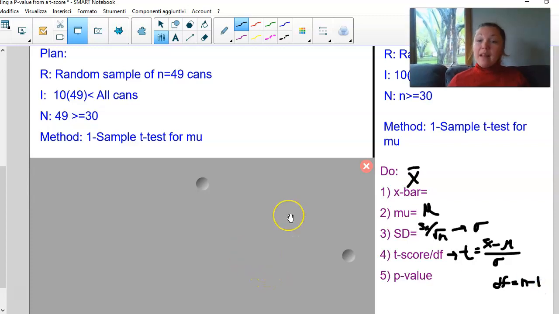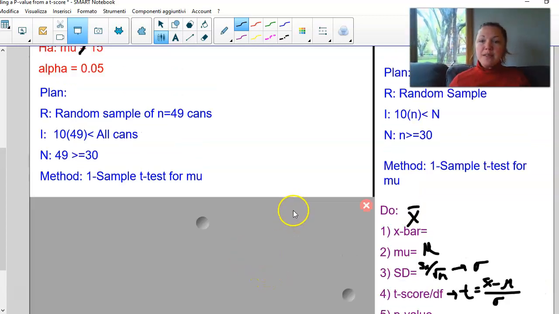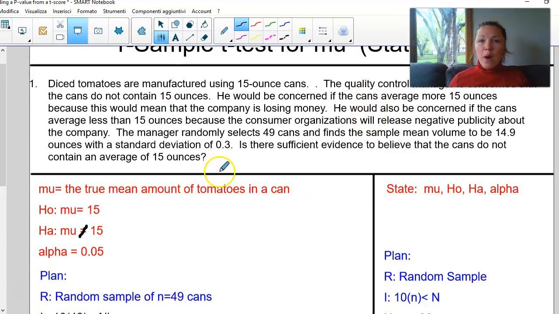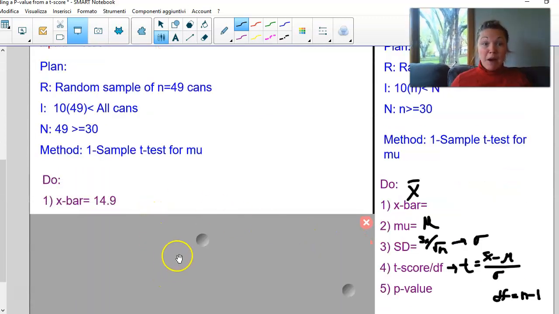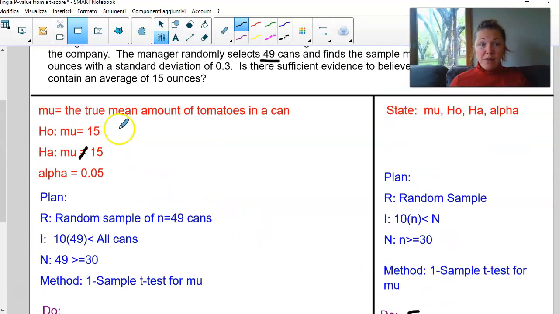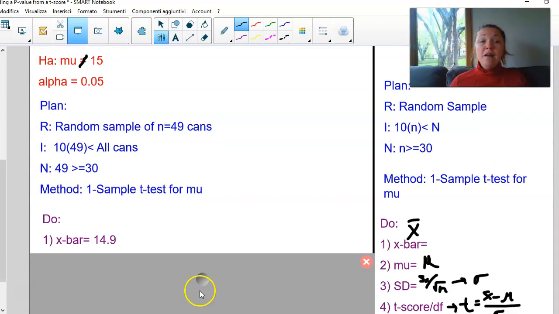Okay, let's go through these steps then. First one is X bar, and that's saying what in here is describing the sample 49, and that is 14.9. Okay, so I'm going to go down and I'm going to write X bar is 14.9. Number 2, okay, that's our mu. We've already said what that value is, and that value is in that null hypothesis right there, 15.